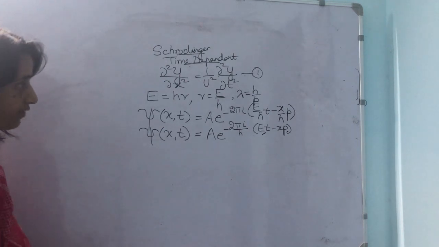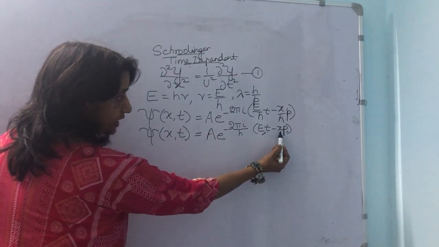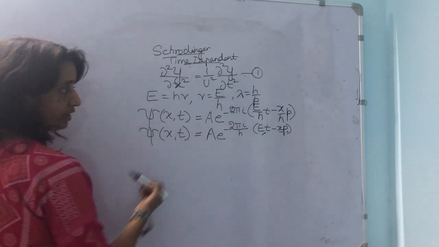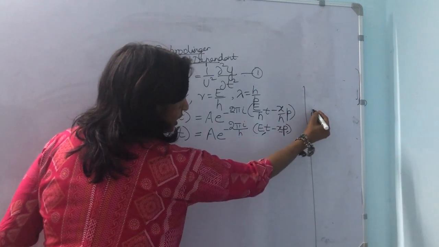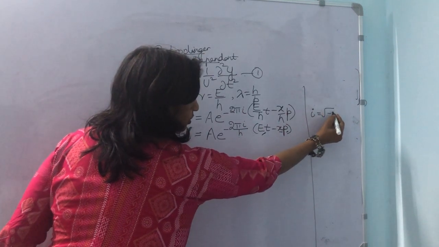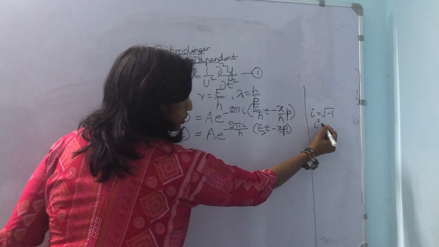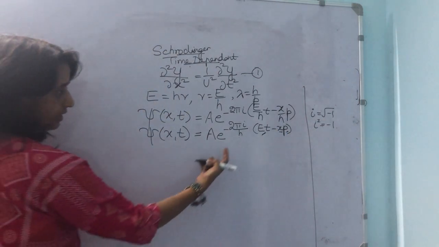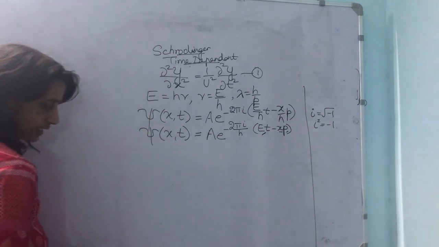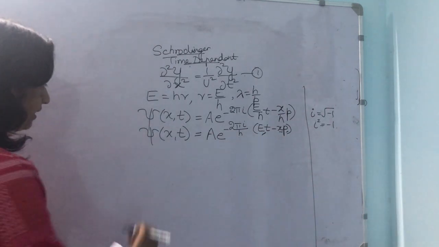When we do that, we can see the x quantity inside here. So when we do the twice differentiation, there are a few things we should know. i is under root minus 1, so i square is equal to minus 1. Let us begin.